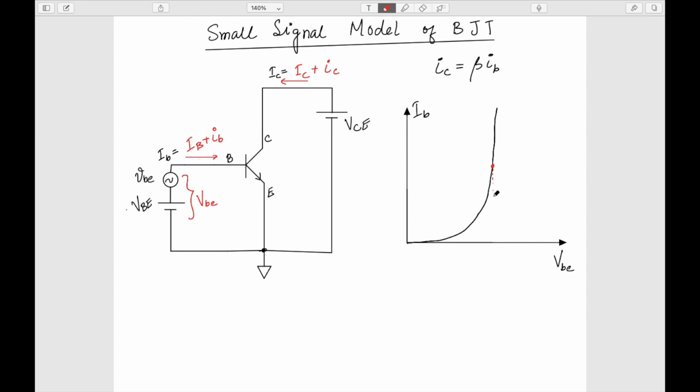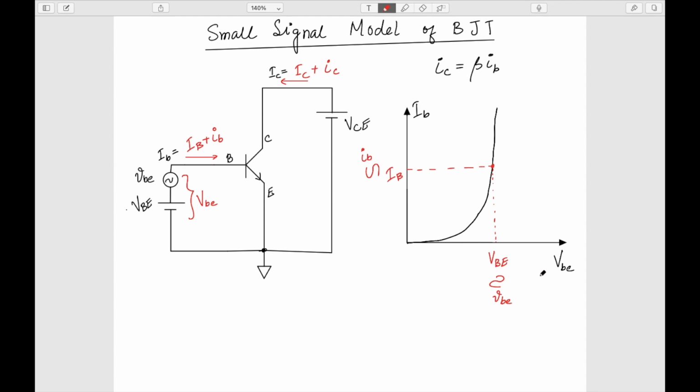So at this point it is VBE, the DC voltage, this VBE voltage, and corresponding to this, of course, I have this DC value IB, and on top of that there is a small change in the vbe, and there is a small change ib.